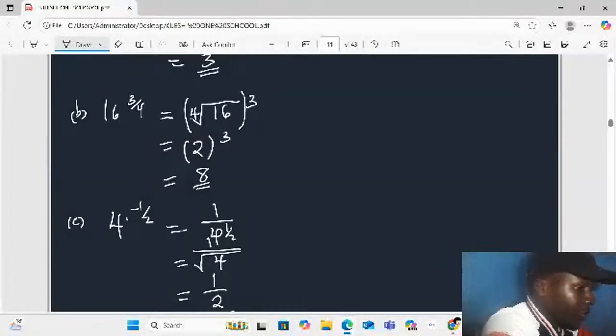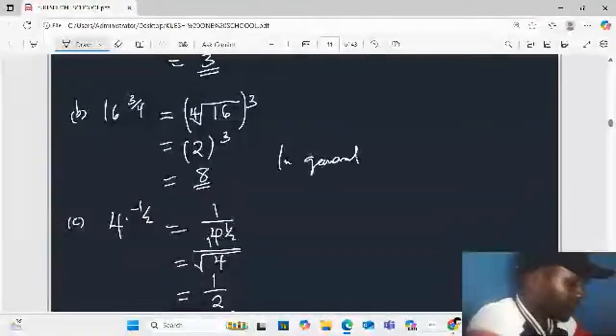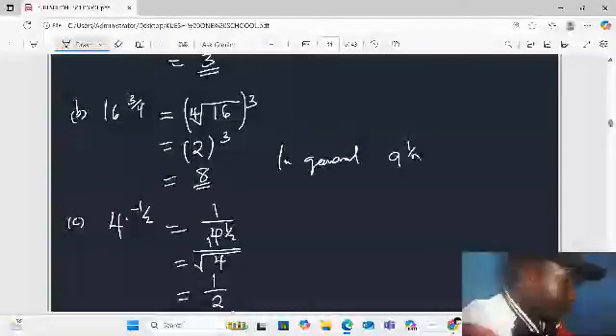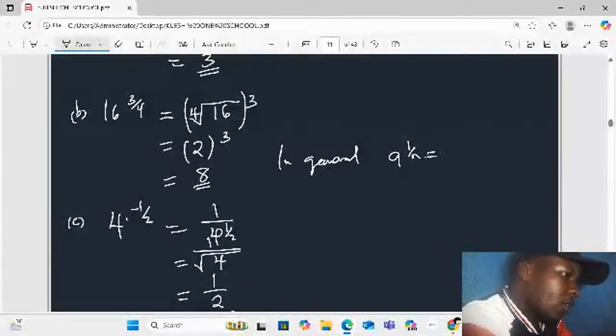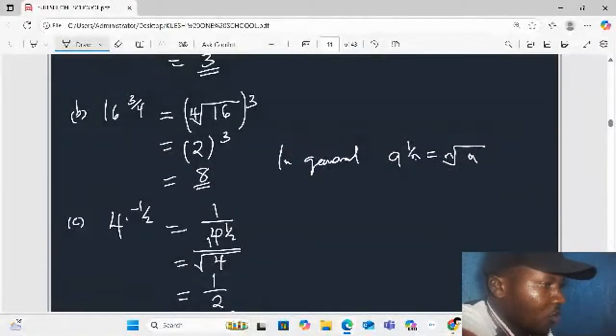Now, look at this. We can say this. You can write this one in general. In general, A raised to 1 over n is equal to, now n, you take the nth root of A to be your answer.